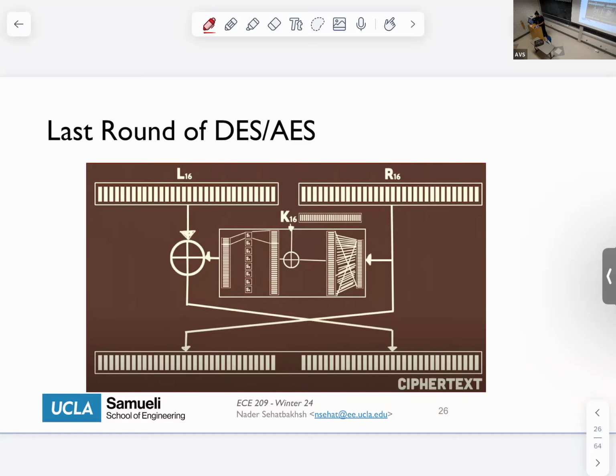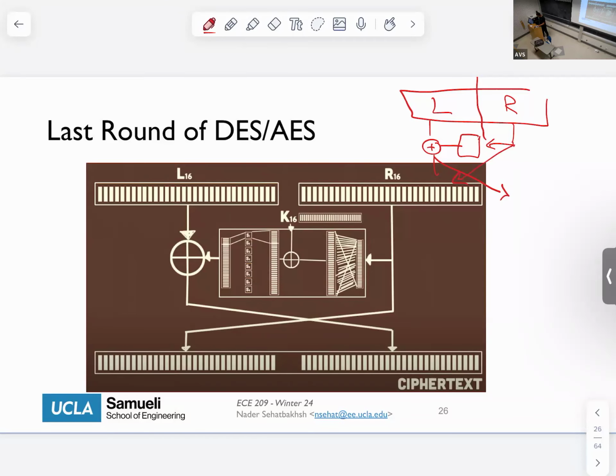In each round, you divide the input into a right part and a left part. You send the right part to the S box, pretty similar to what we do with AES. Then we XOR it with the left part, and this becomes the new right part, and the old right part becomes the new left part.